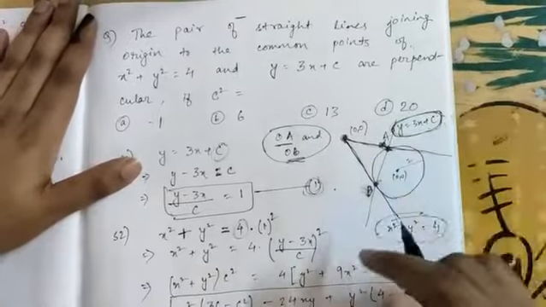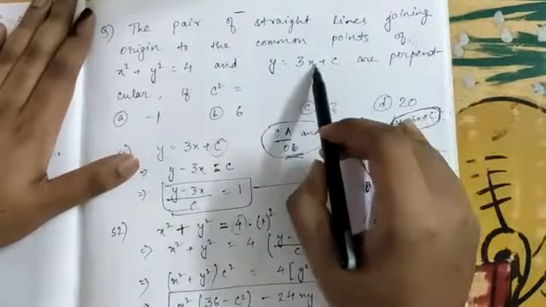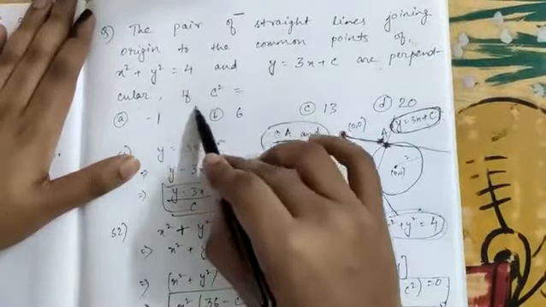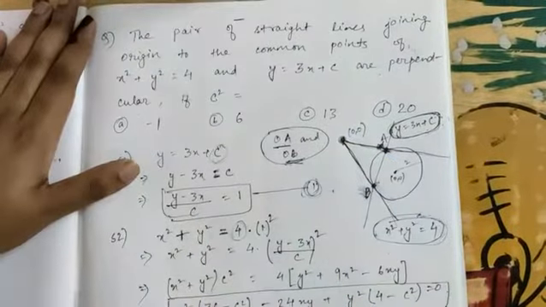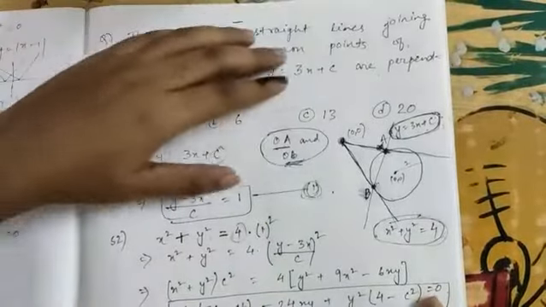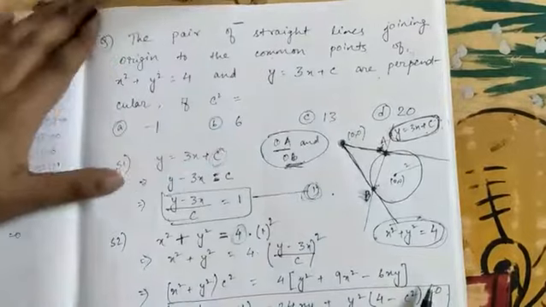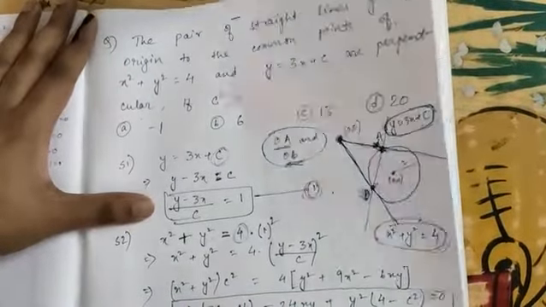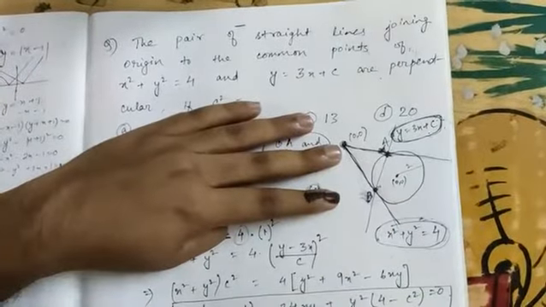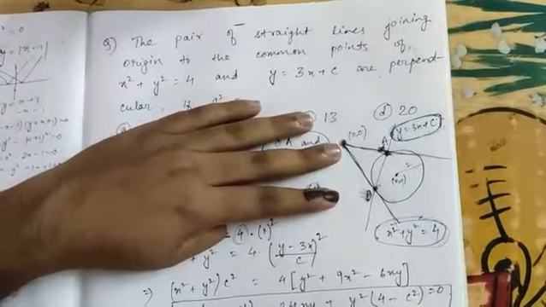Okay, so the second part of the question says that the given pair of straight lines OA and OB will be perpendicular for what value of c square. And you know the theory behind it: two straight lines denoted by a pair of straight lines equation will be perpendicular if the coefficient of x square plus the coefficient of y square is equal to 0.